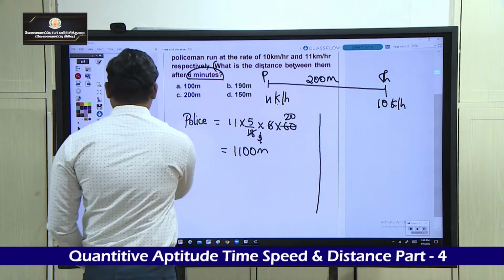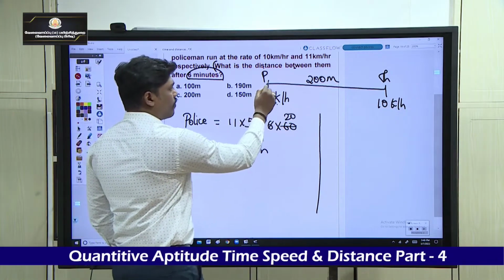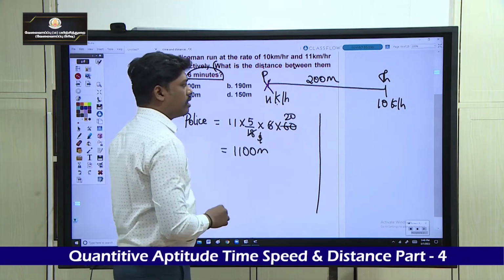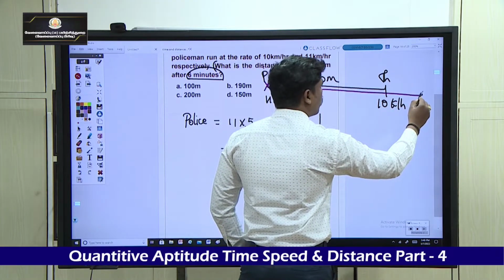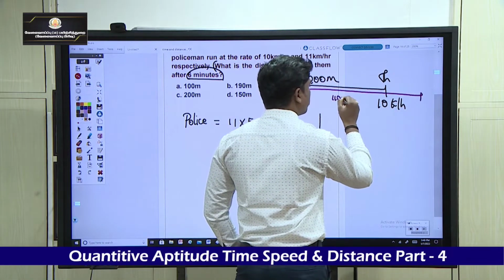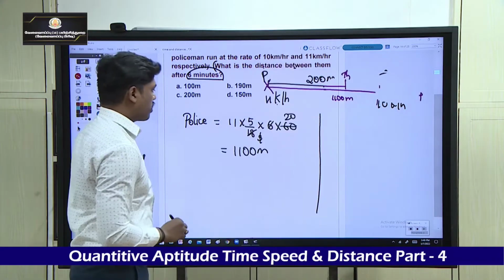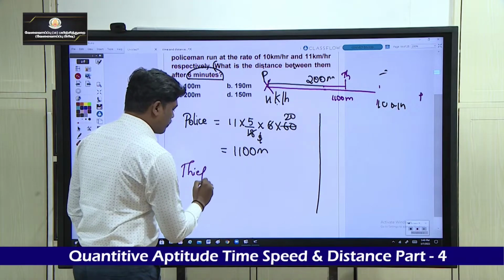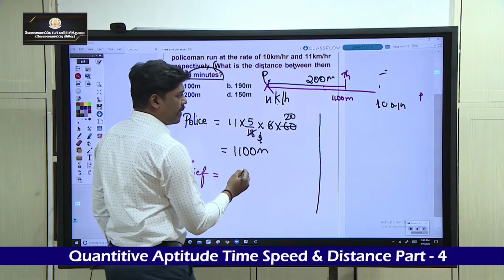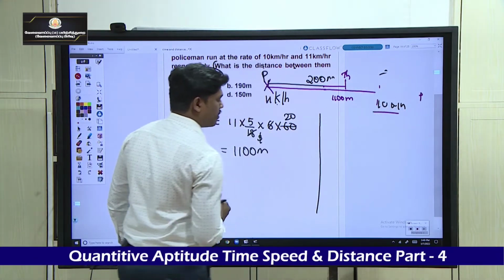Which means from this point, the police would go for 1100 meter. So, what about the thief? He is running at a speed of 10 km per hour.